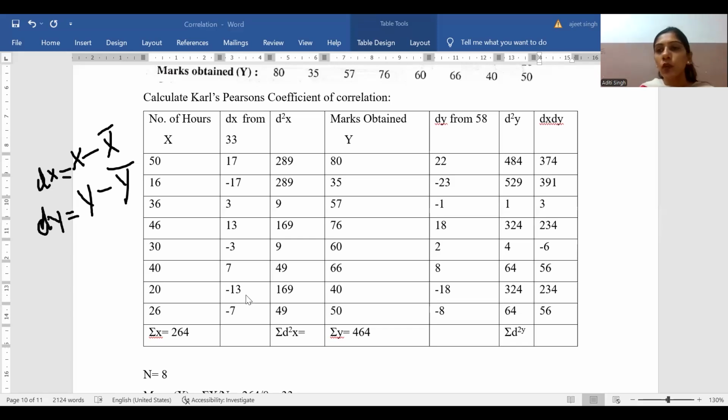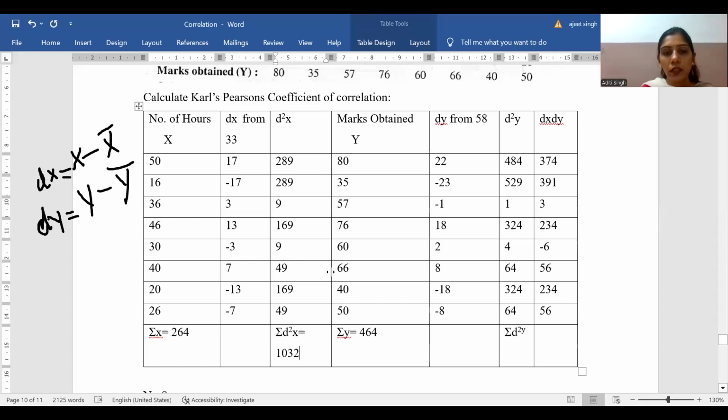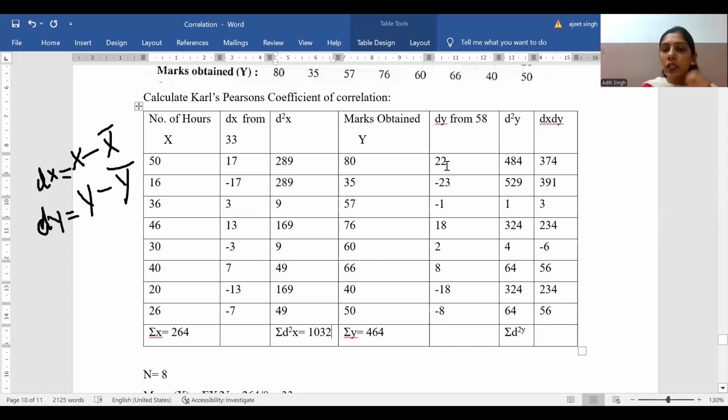So the answer will be 1032. So the sum of d square x is 1032.